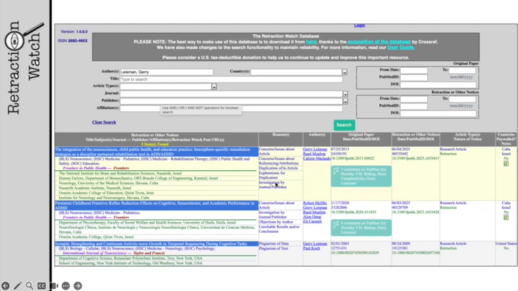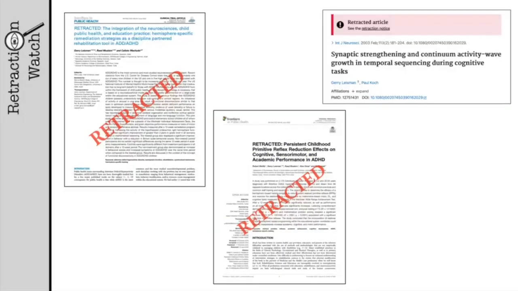So in this one, you have some sort of issue related to plagiarism. Here you also have an issue related to unreliable results and/or conclusions. Here you have plagiarism again. So we can see that for those authors, at least the first author, we already have 3 retracted papers. Here are the 3 retracted papers.